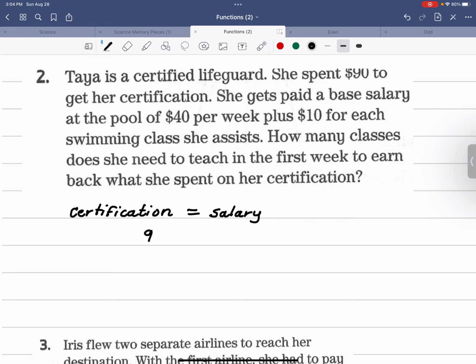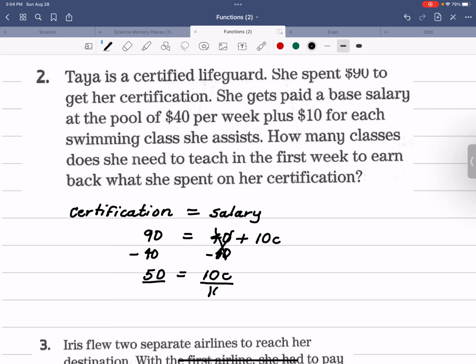Well, we know that her certification was $90, and we know that her salary is $40 plus $10 for each class that she helps with. So there is an equation in slope-intercept form. We're going to move the 40. So that means that $50 would still be left to cover.